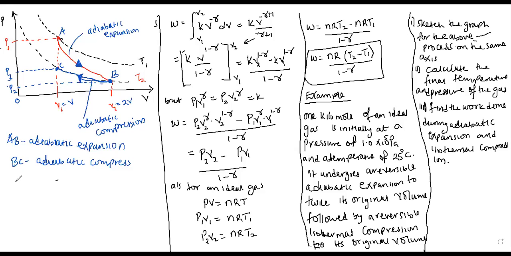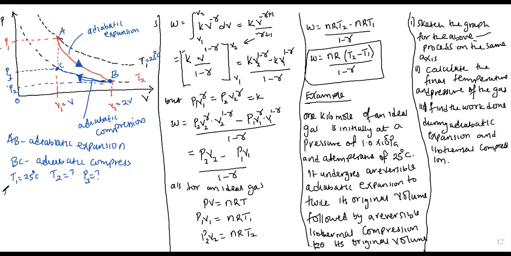So temperature T2, the initial temperature was 25. So T1 is 25. T2 we don't know. P3 we don't know.